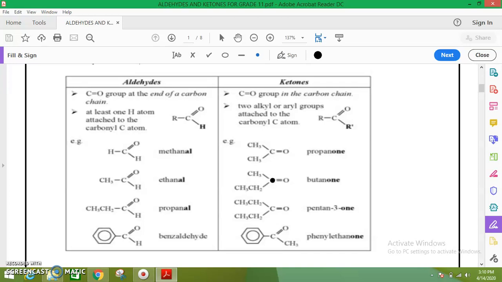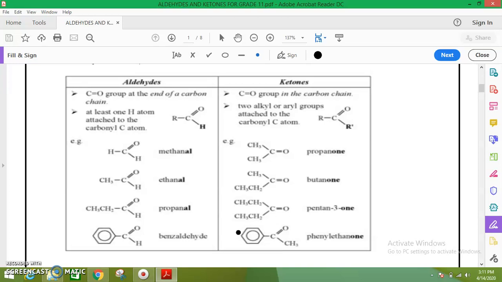Here we have 1, 2, 3, 4 carbons, so we call it butanone. Here we have 1, 2, 3, 4, 5 carbons, so we call it pentan-3-one. The 3 means at carbon number 3 we have the carbonyl group.